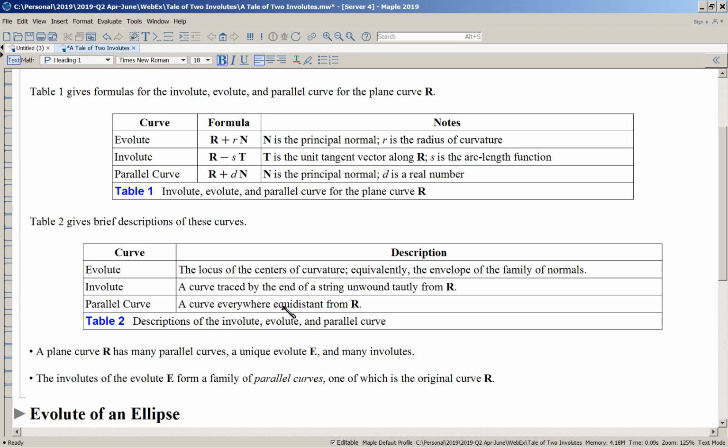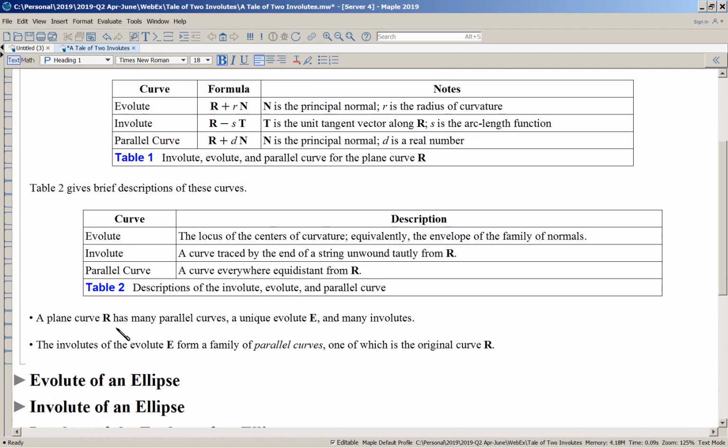Parallel curve. A curve that's everywhere equidistant from the base curve R. Turns out a plane curve has many parallel curves, a unique evolute, and many involutes.